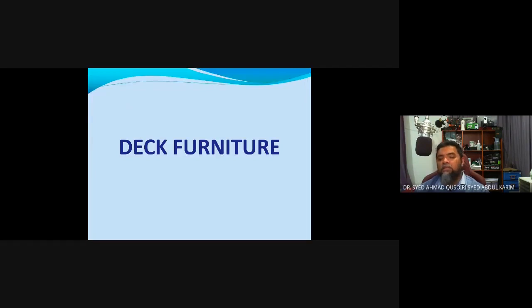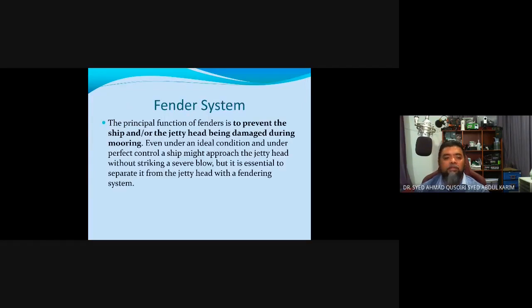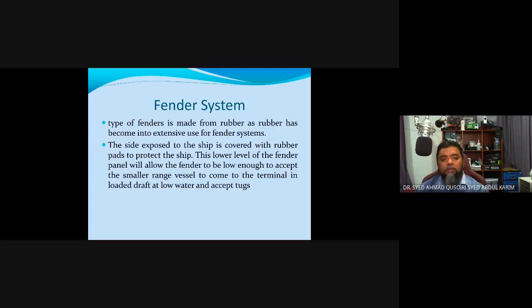So in terms of deck furniture at the jetty, we have the fender system. The purpose is to prevent the ship or jetty head being damaged during the mooring process. A type of fender is made out of rubber. The side exposed to the ship is covered with rubber pads to protect the ship.